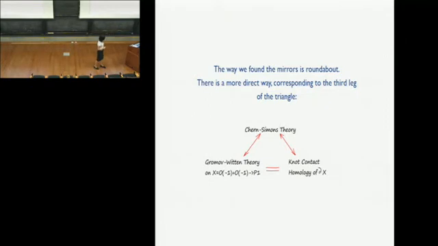And I want to describe that. It sounds roundabout that I want to use Chern-Simons theory to learn something about Chern-Simons theory. It's non-trivial, but still it's roundabout. There's actually a direct way of performing mirror symmetry in the framework of knot contact homology, which lives on the boundary of the conifold.